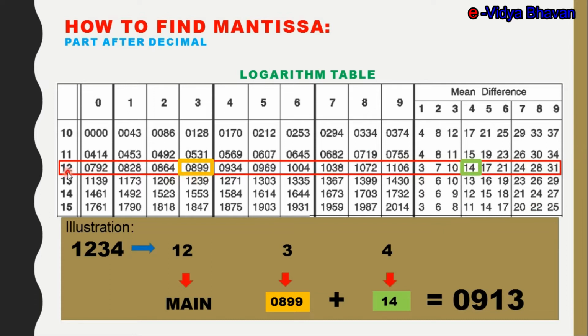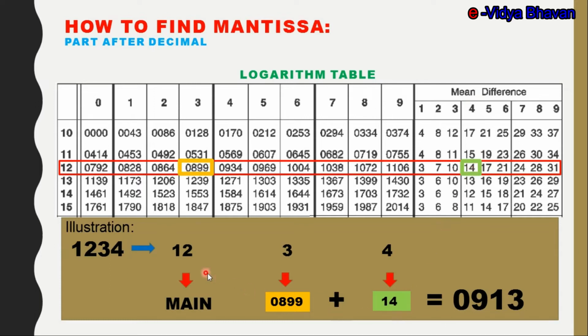Now further, if you see after 12 we have 3. So if you see this 12 and here is your 3, the corresponding number comes 0899. So for 3 we are having 0899. And if you go to the last mean difference table, the 4, it is going to give me 14.